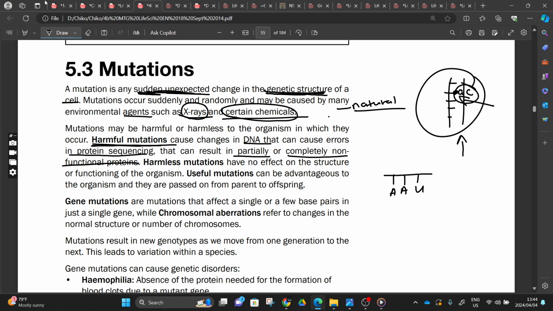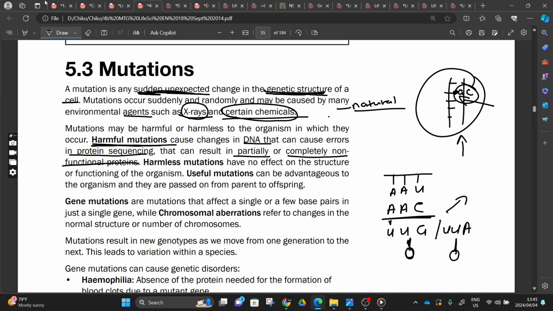Let's just say it's like this mRNA, and then we say that we had a change there. Instead of A, we have AAC. So it means that the tRNA that will come and bind here is going to have uracil guanine instead of uracil adenine, right? So it means that the amino acid that is going to be carried there is going to be changed.